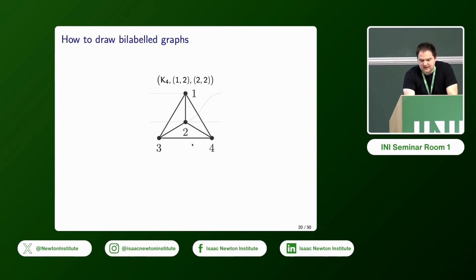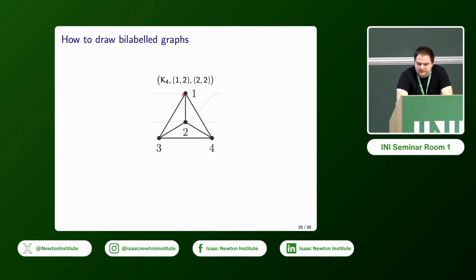And here is the example. Here it is drawn: we have this K4, and these are the input labels. Input labels correspond to vertices 1 and 2, and output labels correspond to vertex 2 and vertex 2. The way we draw it, to make the operations on the graphs understandable, is that the first input label and the second input label are drawn on the left from top to bottom.